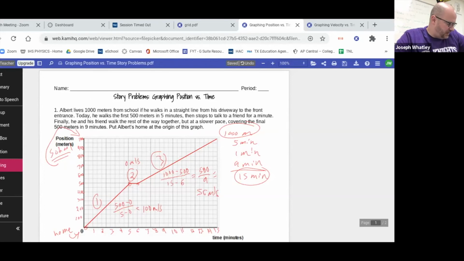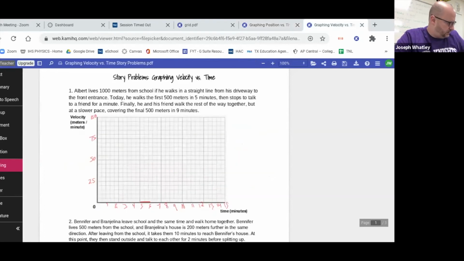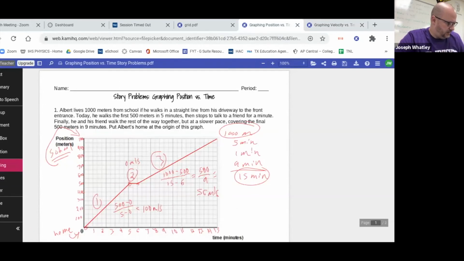So the very first line segment goes for 5 seconds, and it's at 100. So I'm going to come over here. It's at 100, and it goes for 5 seconds. The next one is 0, right? And it goes for, not seconds, minutes, sorry.